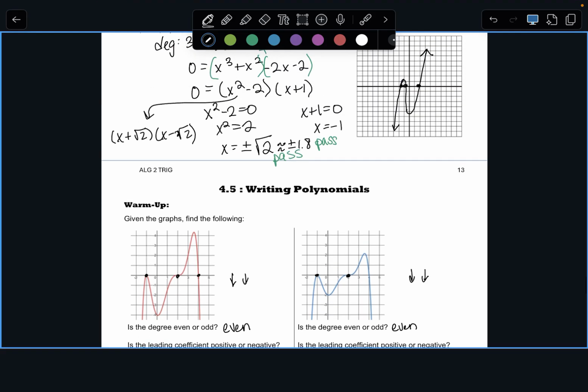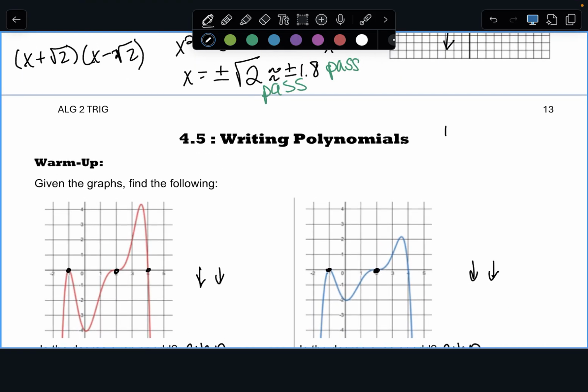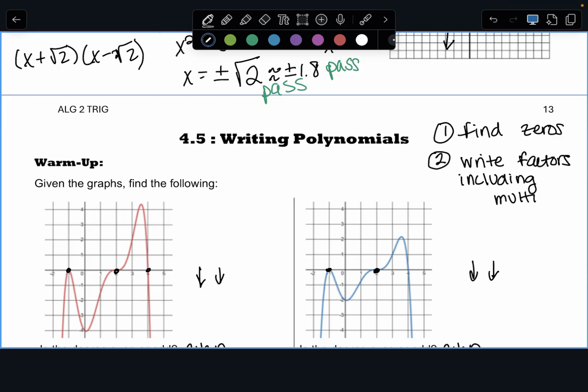So again, something that might be handy to write down are your steps. Step 1, find your zeros. Step 2, write your factors, including multiplicity. So write your factors with the exponents.